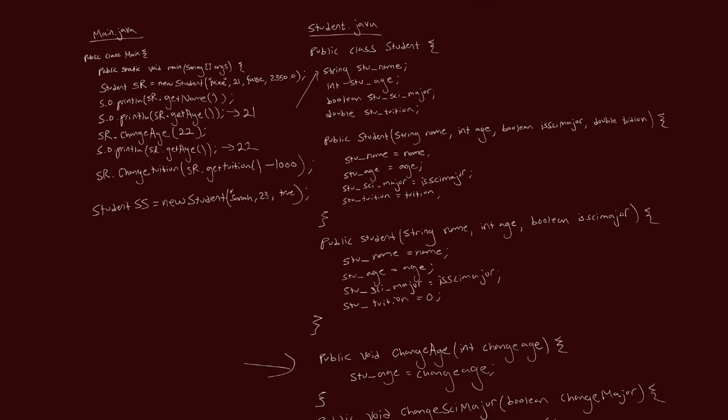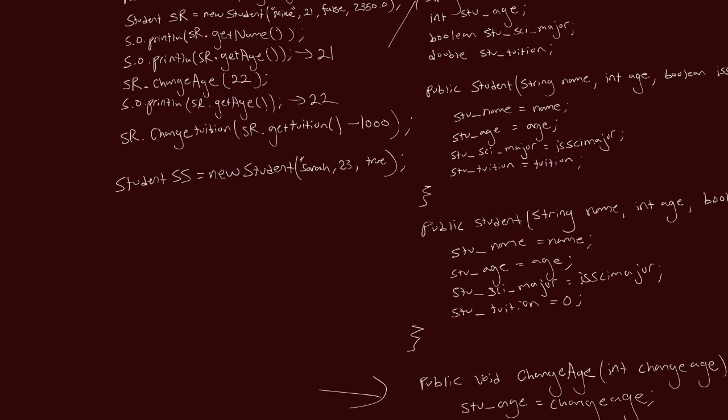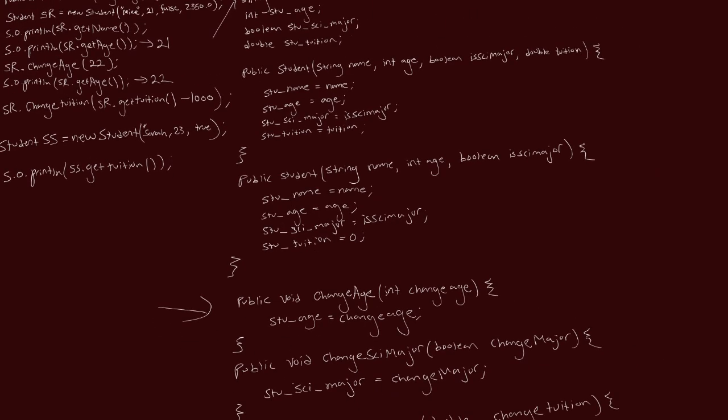So we just stop here. So if we do system.out.println ss.getTuition, since for Sarah her tuition is 0, this is going to return 0 as well.